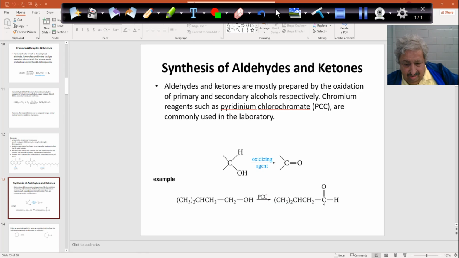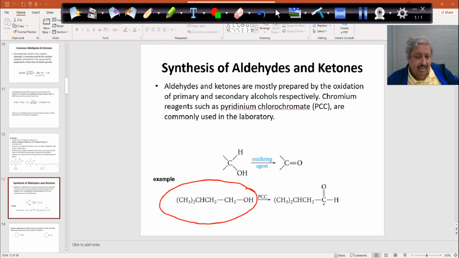So that's the example here. That's the oxidation. So this is an alcohol. And what's this type of reaction? I mean, primary, secondary, or tertiary alcohol here? What do you think? Primary. Correct. Connected to the number 1. Same thing we did before. That's a primary alcohol.